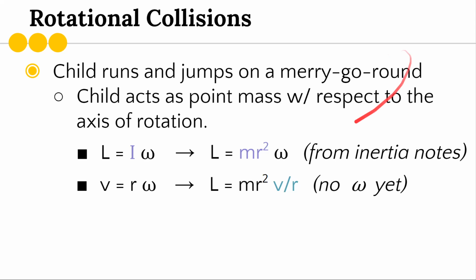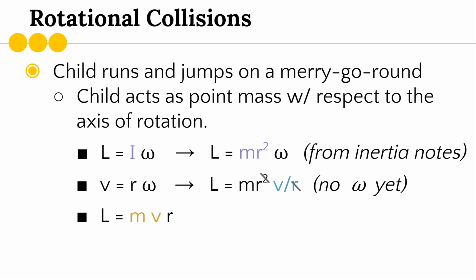So by substitution, omega would be equal to v over r, so I can substitute that in, because right now the child is just running in a straight line. I'm not dealing with any angular velocity yet. The child's running at the merry-go-round. If I substitute that in, now I have the linear velocity that the child would have divided by r, and some of those r's are going to cancel because I have r squared over r now. And so that leaves me with this.